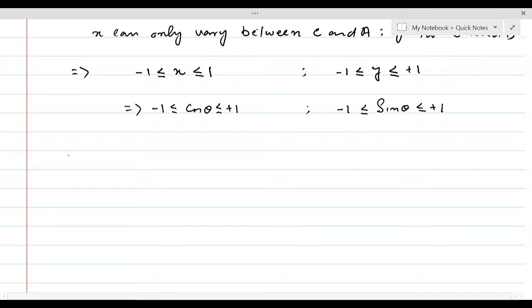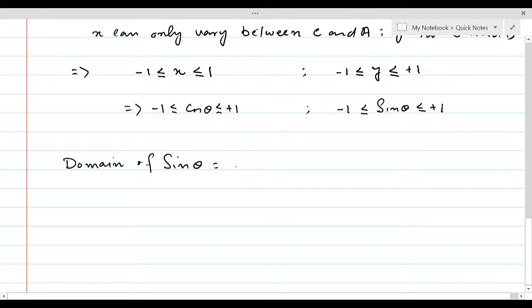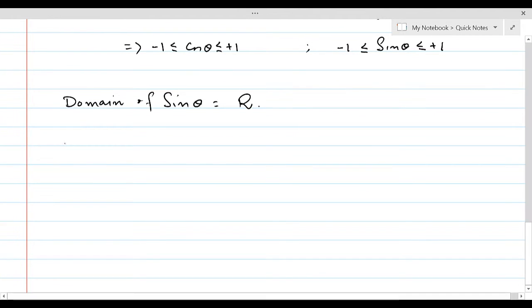This means that the domain of sine theta is equal to R, the entire set of real numbers, and the range of sine theta is equal to minus 1 to plus 1 inclusive.